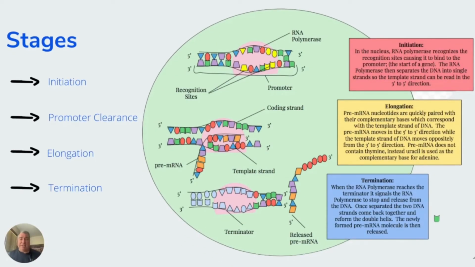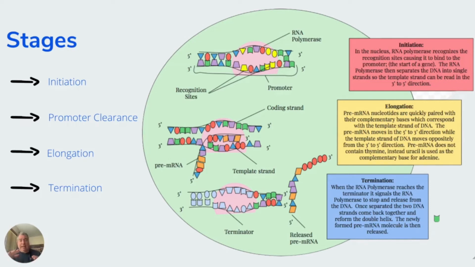Basically four stages to this whole process. You have initiation. That's when the enhancer and the promoter come into contact via transcription factors and the mediator complex. You have promoter clearance. Once initiation happens, RNA polymerase is released from the promoter. It's released from its binding site at the promoter, and it starts its journey.